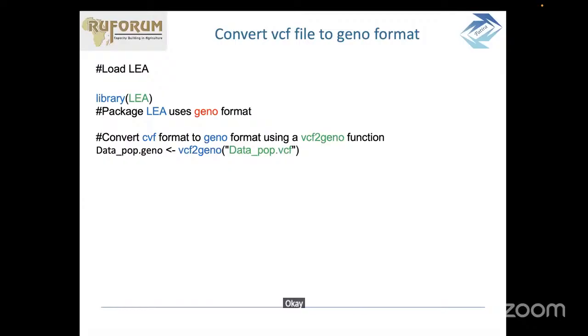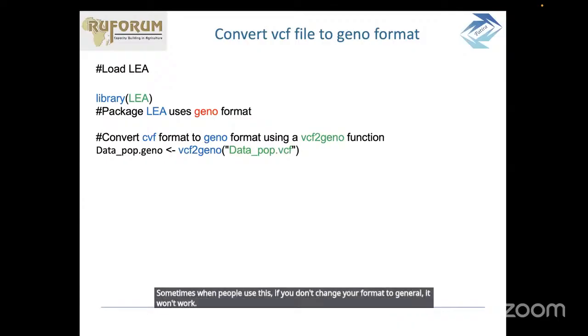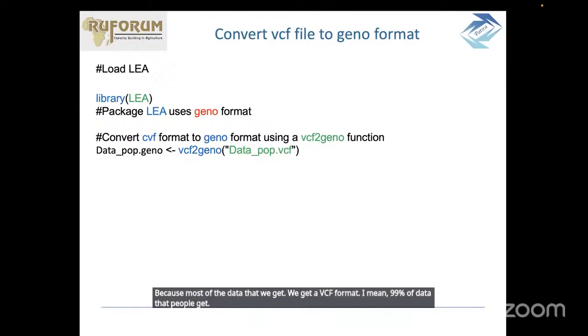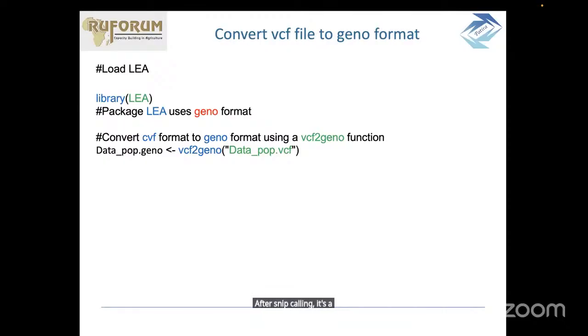In order to use this package, you have to change your format to genotype. Sometimes when people use this, if you don't change your format to geno, it won't work, because 99% of the data people get after SNP calling is in VCF format.